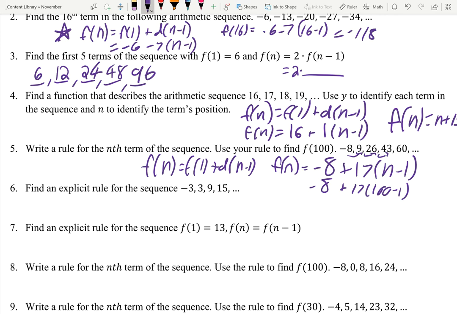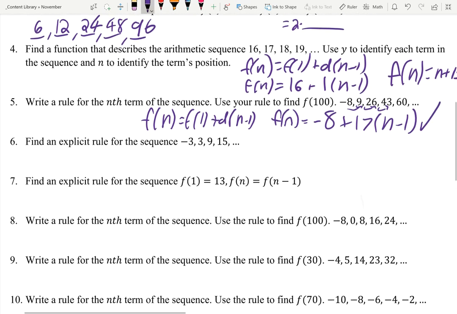So -8 plus 1683. 1683, by the way, is the result of 17 times 99, which gets us 1675 as a final answer. 1675. Okay. So that one is more or less problems we've practiced a lot. So hopefully we can manage to do that. Just remember, you have to write a formula and then use your formula.